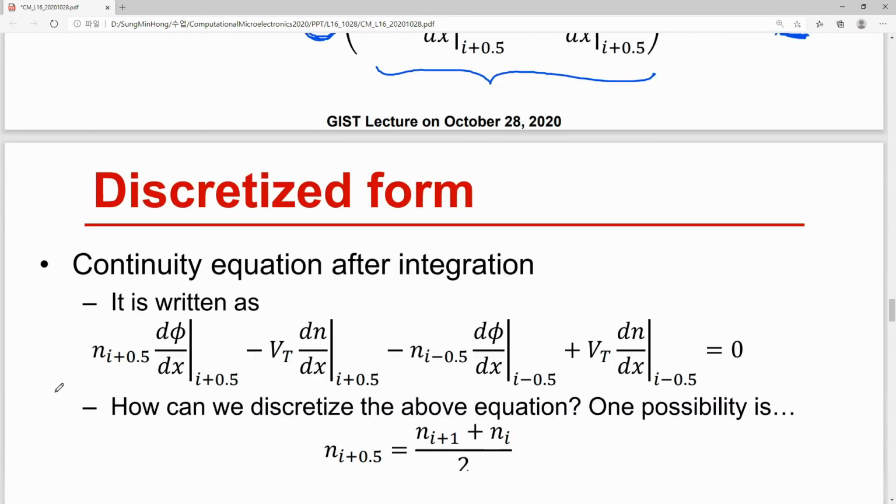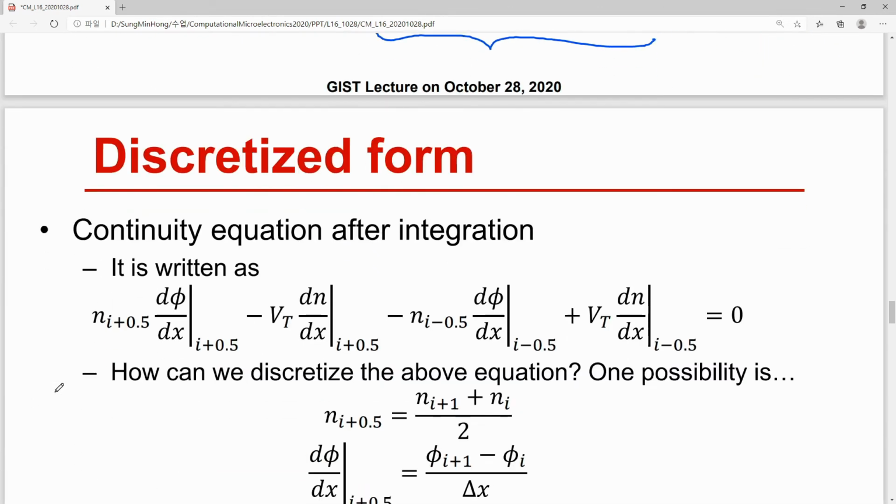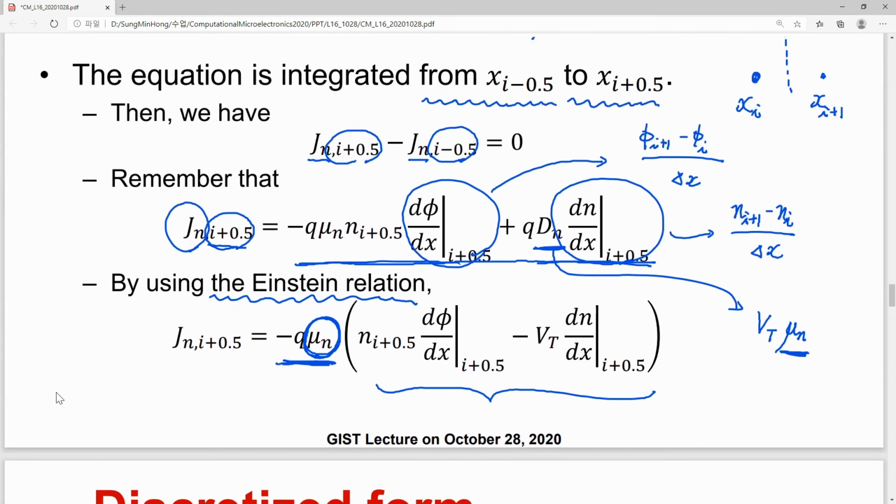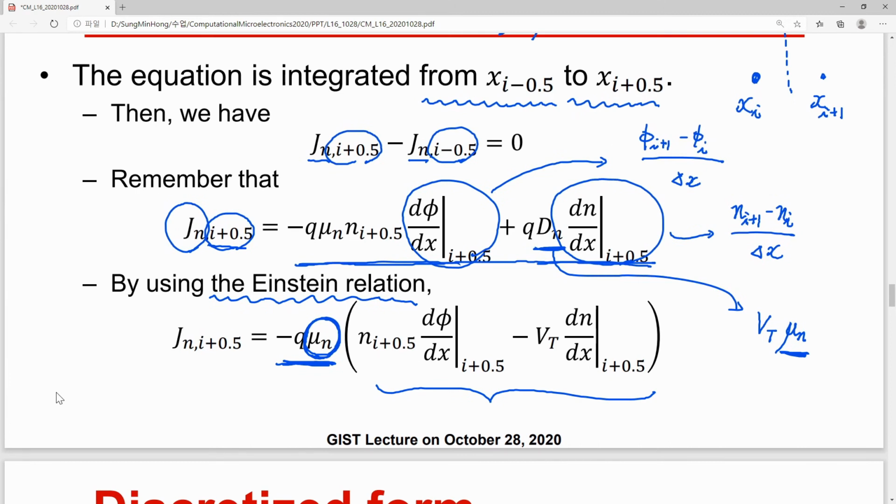So now when we discretize it, we assume that all of these quantities are just constant over our entire simulation domain. So now the difference between one Jn and another Jn can be just obtained by the difference between these terms.